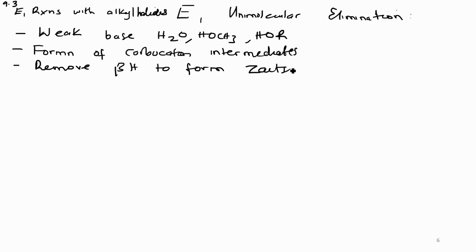So E1 will never worry. It's going to always give you the Zaitsev product. We don't need the anti-periplanar rule for E1. Remove a beta hydrogen to always, no exceptions, form Zaitsev products.